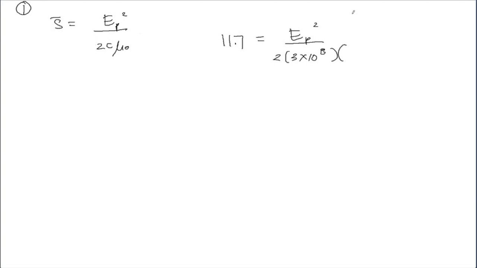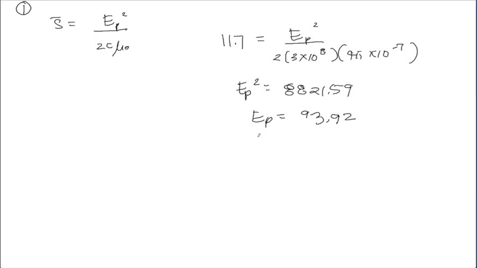Mu naught, which you'd be given on the test, is 4 pi times 10 to the negative 7 in SI units. So then, and then E.